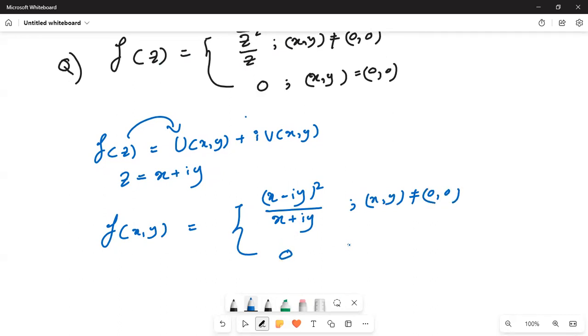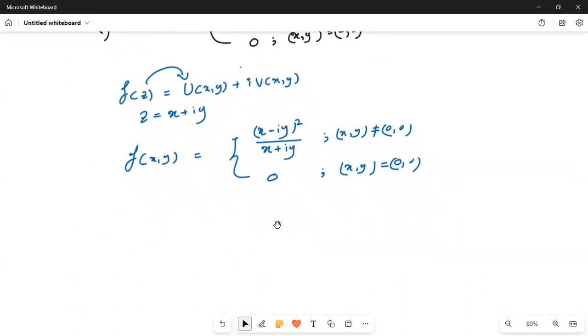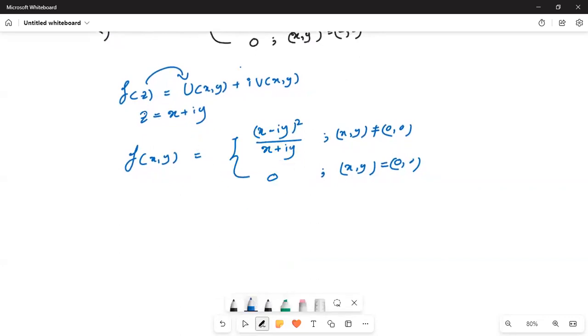Then we have 0 where (x, y) equals the origin. Okay, now we have to simplify this fraction, or this quotient, in order to get the function to look like this form.